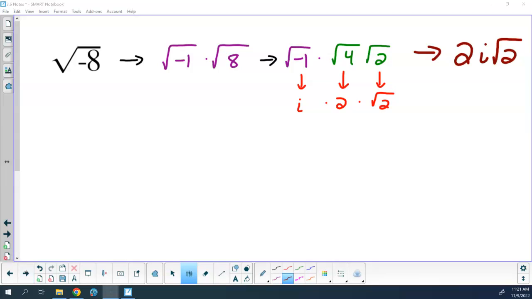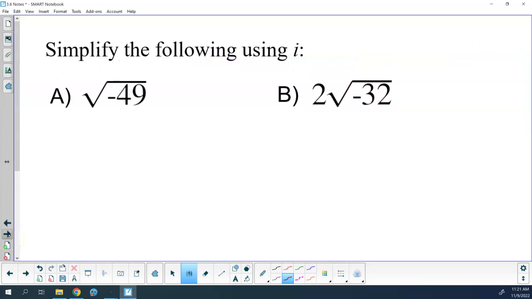And that's how those should be written: free number, i, radical. Don't write the i after the radical because it might confuse things.